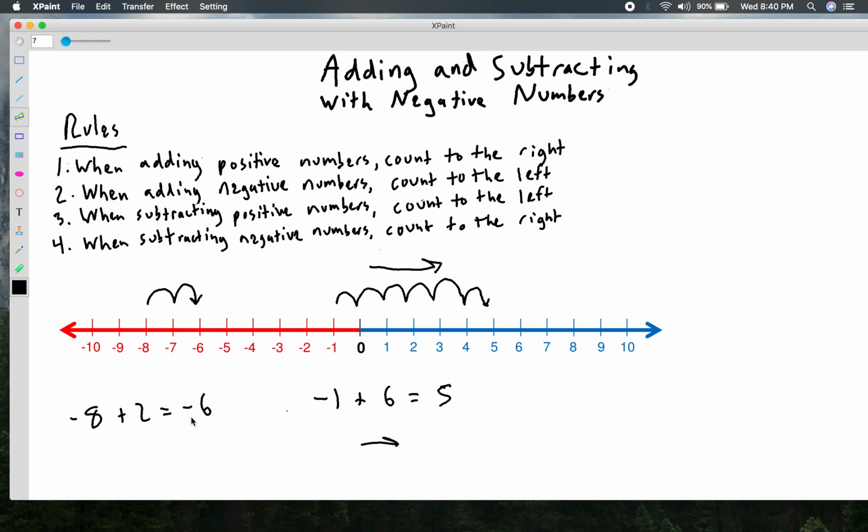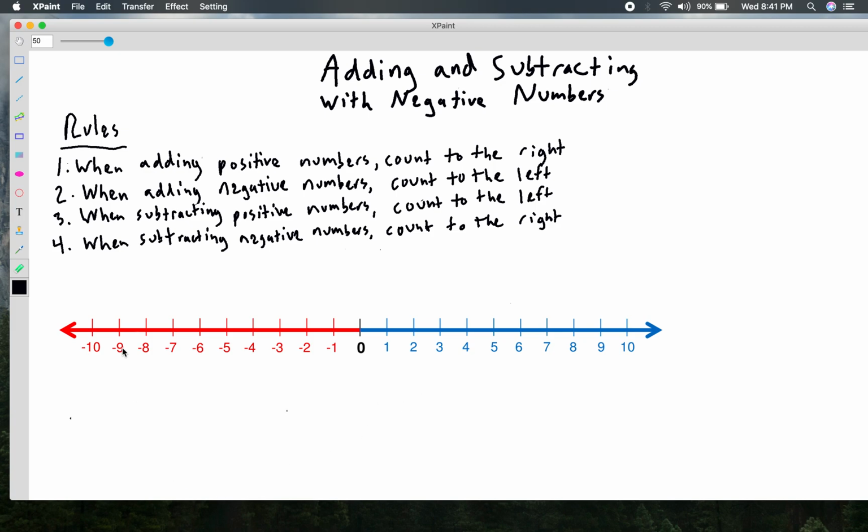Even though my answer is a negative, I still followed the rules. I added a positive number, so I moved to the right. So that's why rule number 1 is great. Anytime you add a positive number to anything, you move to the right on your trusty number line. Okay, so that's rule number 1, illustrated.